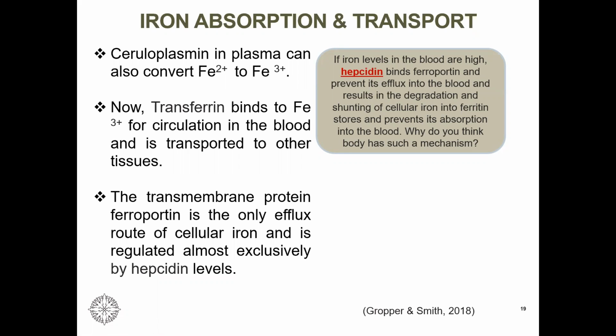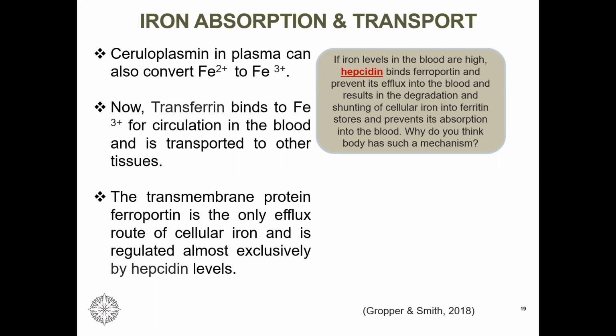And what hepcidin does is it goes to our gut, it goes to the brush border, and it kills away, that's the layman's way of saying it, it degenerates ferroportin. That means no ferroportin, no place for iron to come out of the intestinal cell.